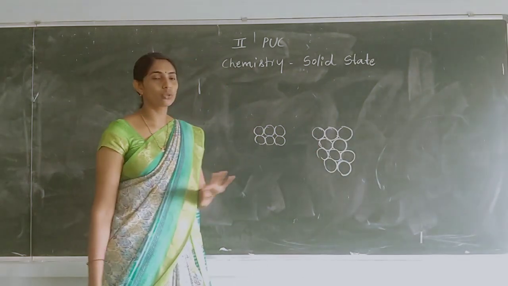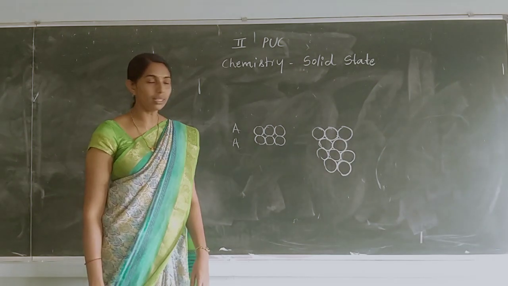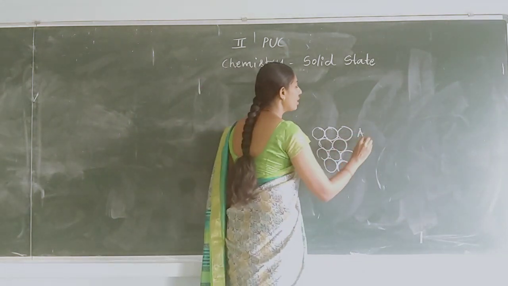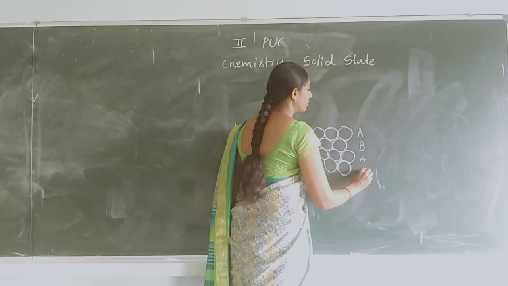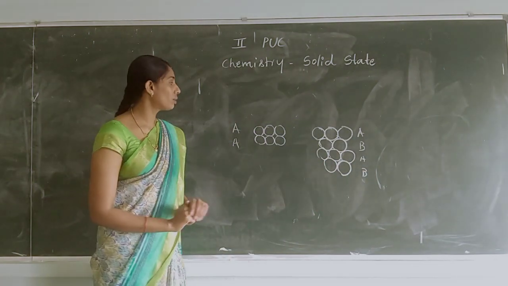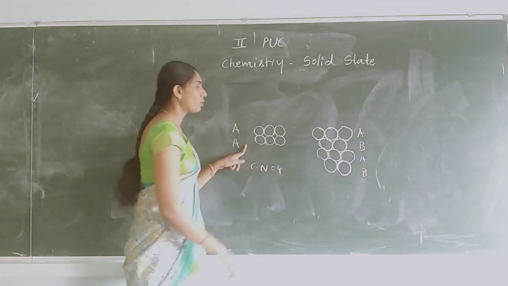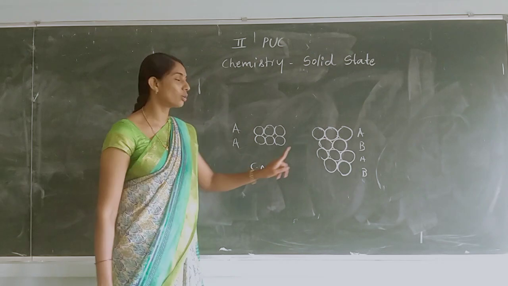So here the repeated pattern is usually considered an AA pattern, and here it is considered what? AB pattern, right? What is the coordination number during square close packing?